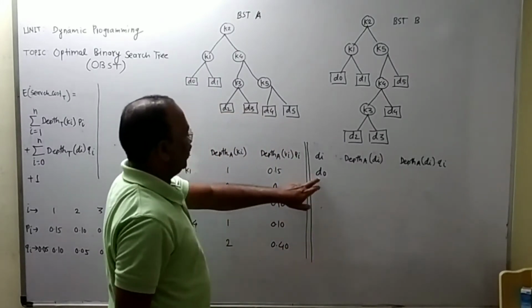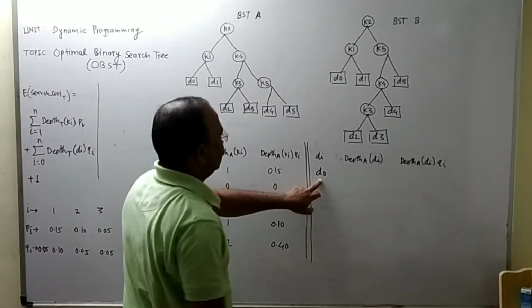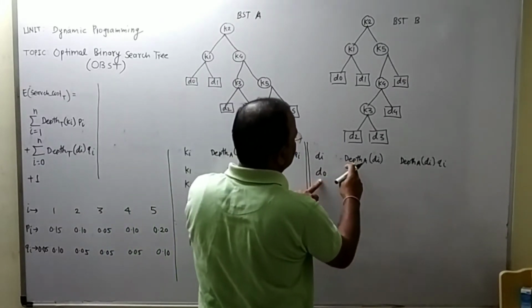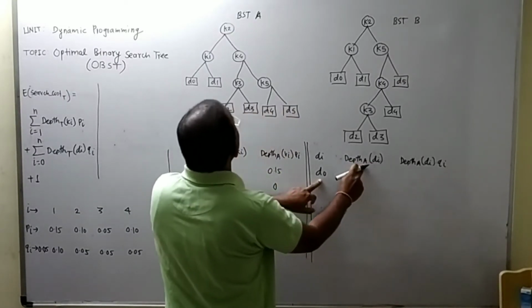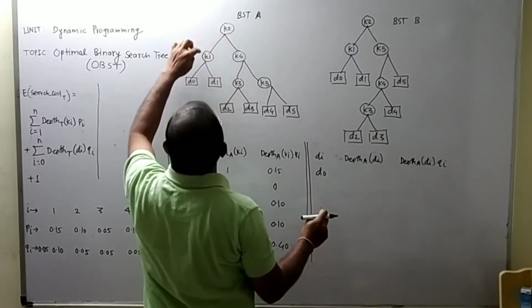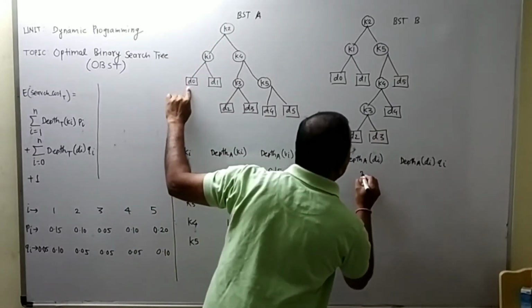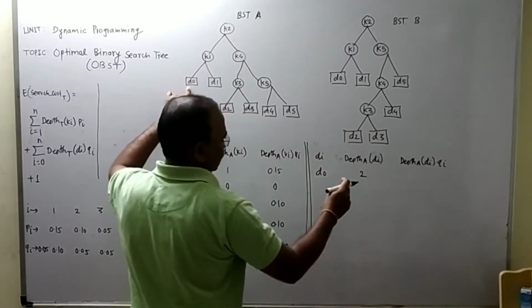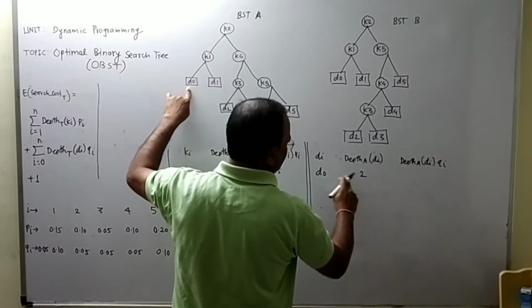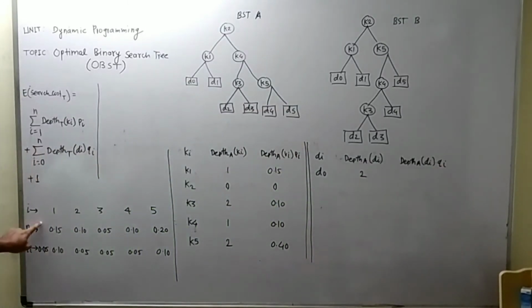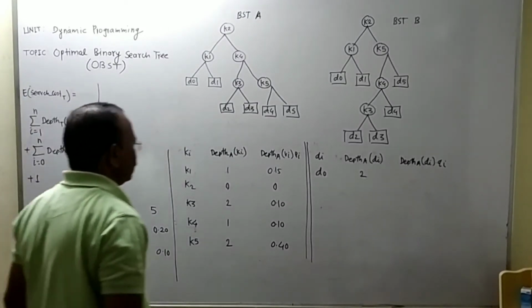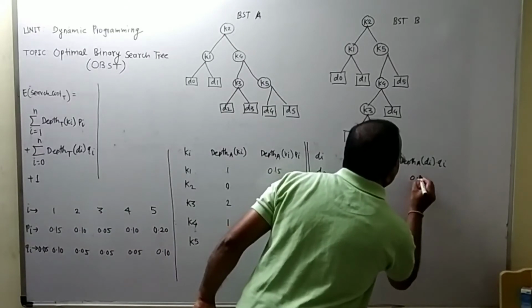Now similar way, try to complete this table. Start from dummy key D0. Find out the depth of D0 from A, that is 0, 1, 2, it's 2, and multiply this 2 with the probability of D0. The probability of D0 is 0.05, so that is 0.10.